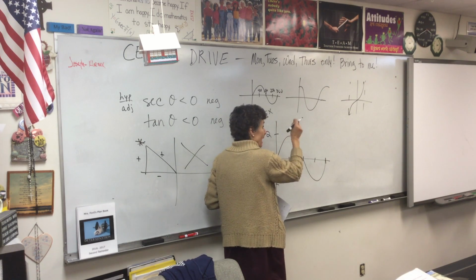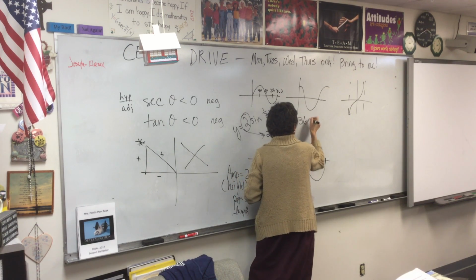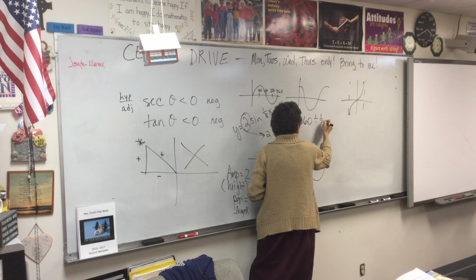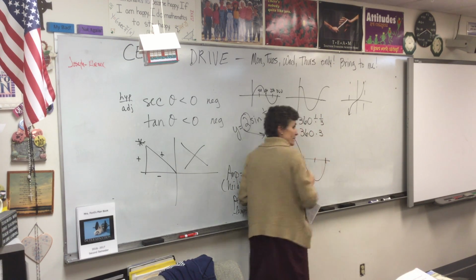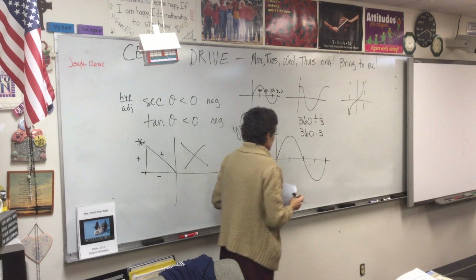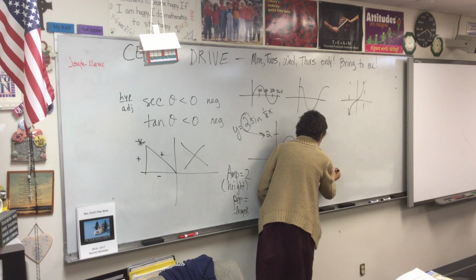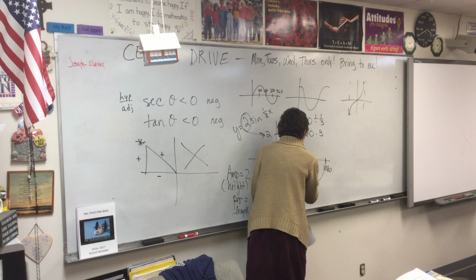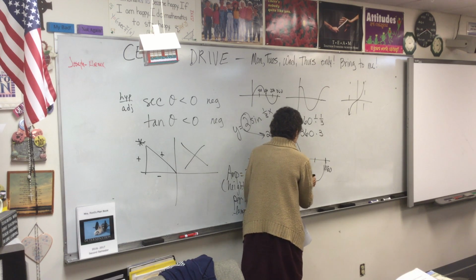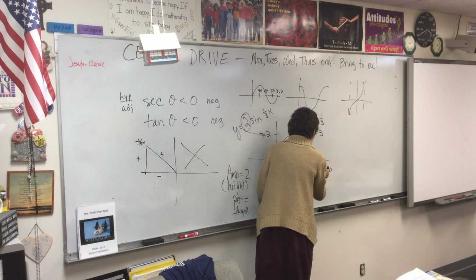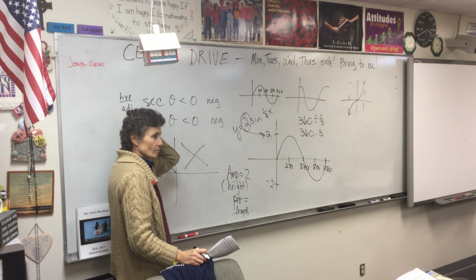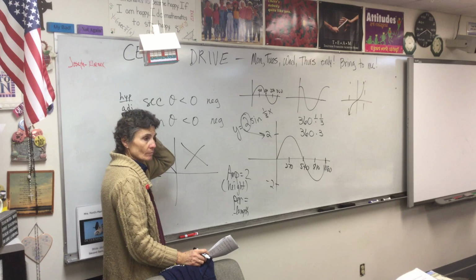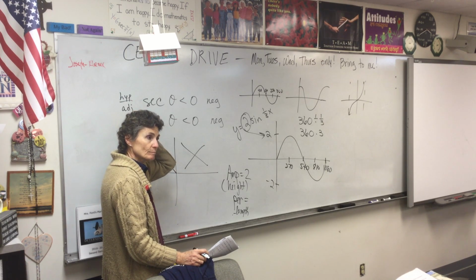So 360 divided by a third is 360 times 3, which is 1080, 540, 270, and 810. You guys okay with that?